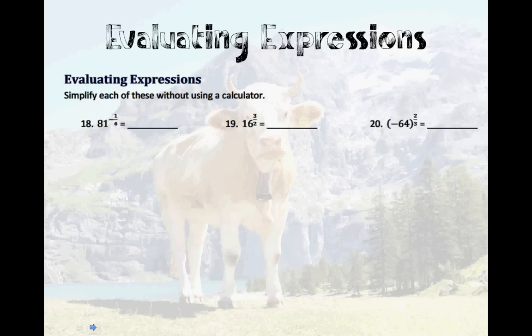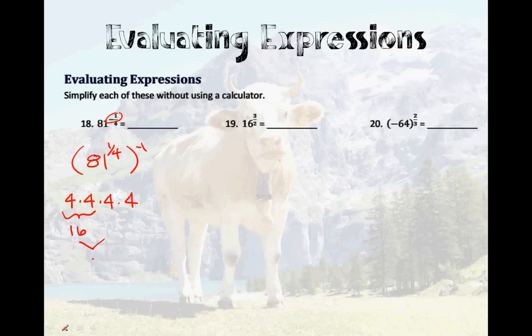Okay, so now on this one, we're just going to simplify these, and this is without using the calculator. And it's just like the one that I did in the warm-up, where I said you wanted to take care of the denominator first. So if I rewrite number 18, I'm going to have 81 to the 1/4, and then that negative 1 I'll wait until later. So 81 to the 1/4 would be 4. So if you do 4 times 4 times 4 times 4, you get 16 times 4.